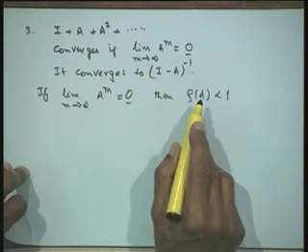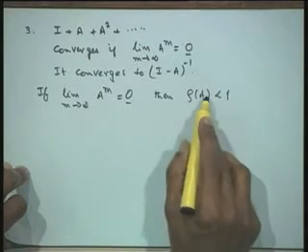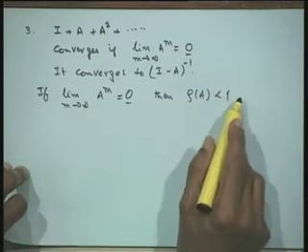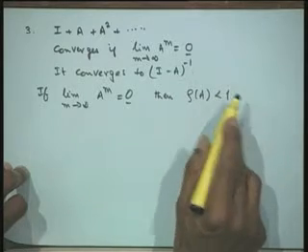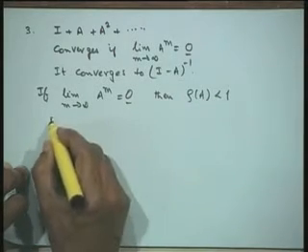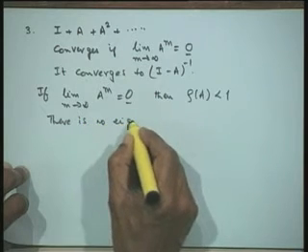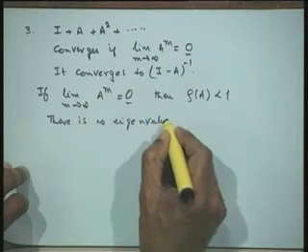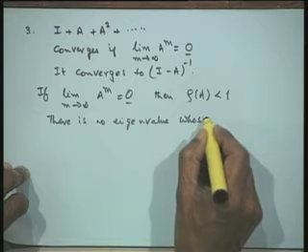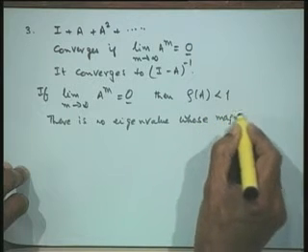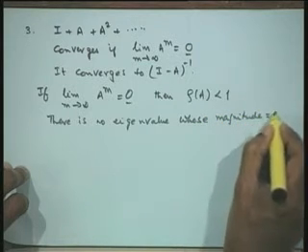That means the largest eigenvalue in magnitude is less than 1. Therefore, there is no eigenvalue whose magnitude is equal to 1.